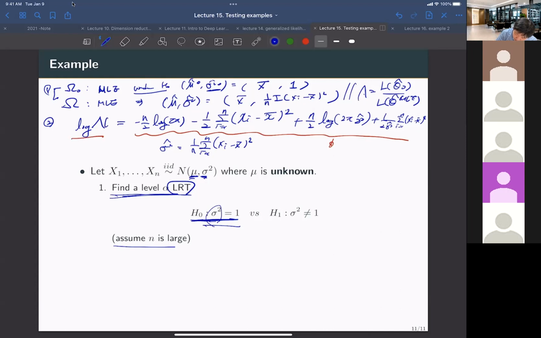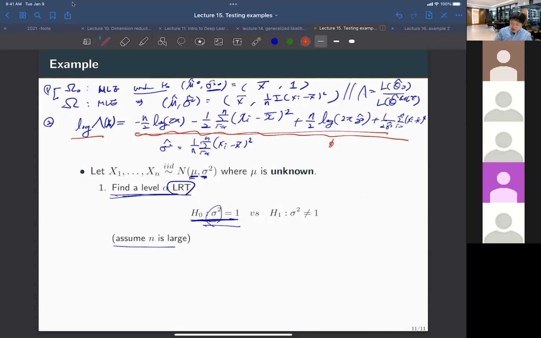So this is a function of x. If you look at that, it might be complicated to find the distribution or some part that is a monotone function of some known distribution. So it is kind of complicated.